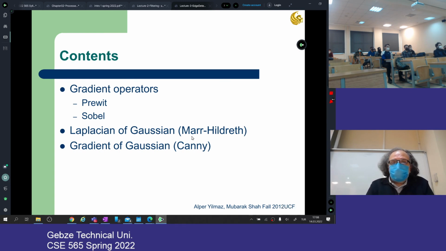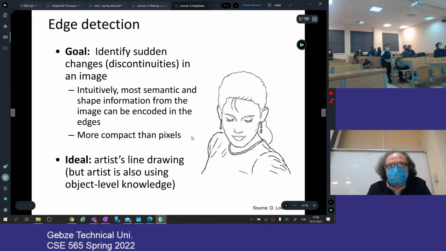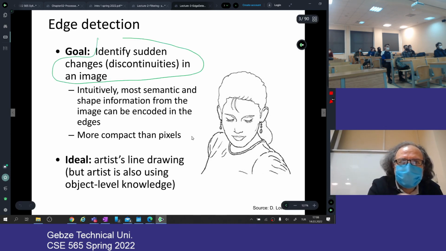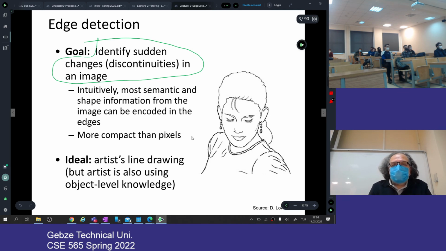Okay, so we are going to talk about gradient image edge detection. For that, we are going to use lots of operators, especially taking the derivative of the images. Our goal is edge detection: identify sudden changes in an image. That's the definition of the edge for us.